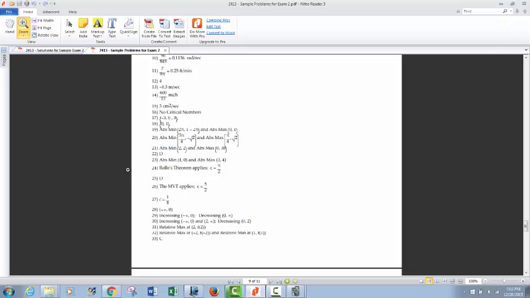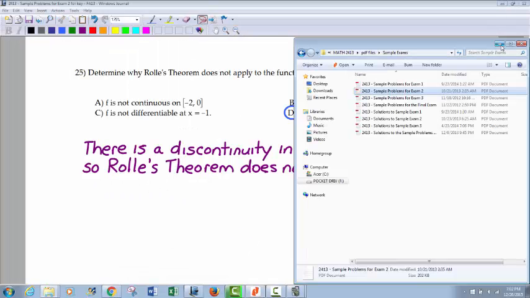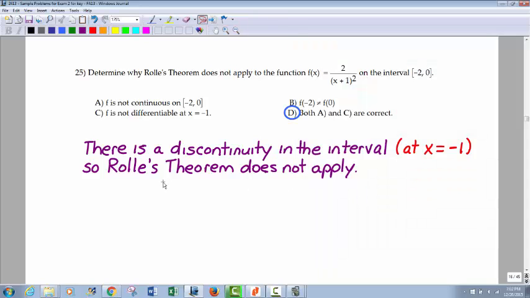Okay, so right here, 25 was D. It's a discontinuity. Rolle's theorem does not apply, and it's not differentiable at x equals 1, -1. So actually, both of those are right. I don't think I can fix that too well right now.